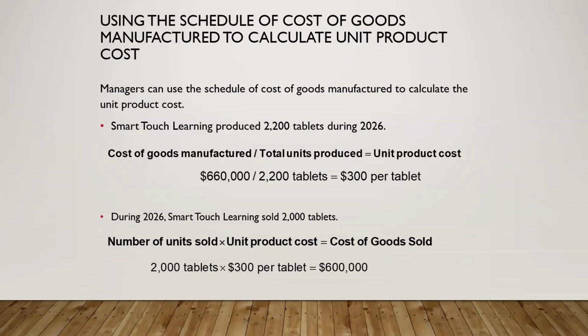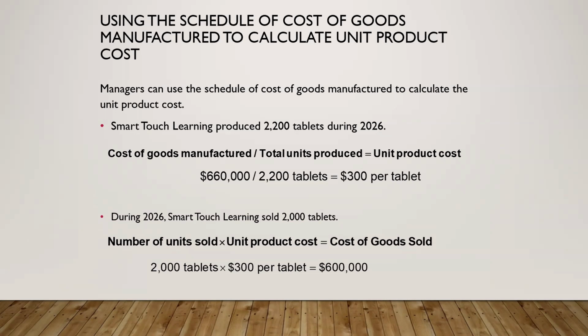Why would knowing the unit product cost be important to a manager? Well, knowing the unit product cost helps managers decide on the prices to charge for each product, to ensure that each product is profitable.